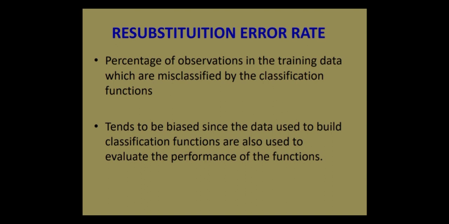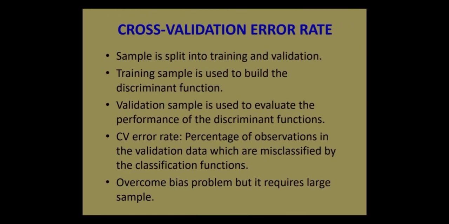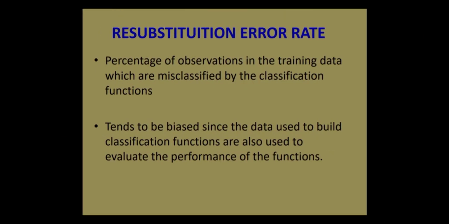Okay, the next one is the resubstitution error rate, and yang ke last kali cross validation error rate. Okay, you need to know the difference between these two. Okay, so resubstitution error rate adalah percentage of the observations in the training data which are misclassified by the classification function.